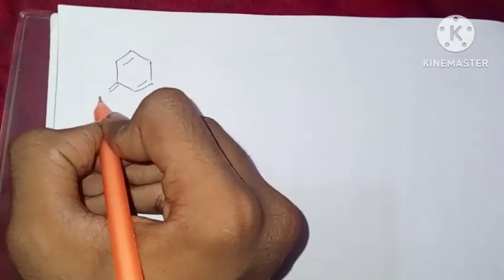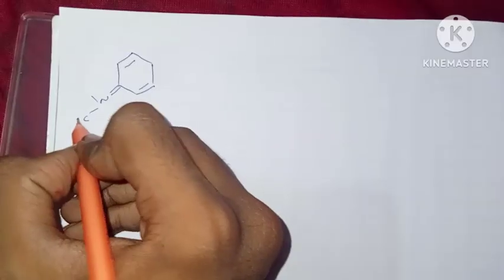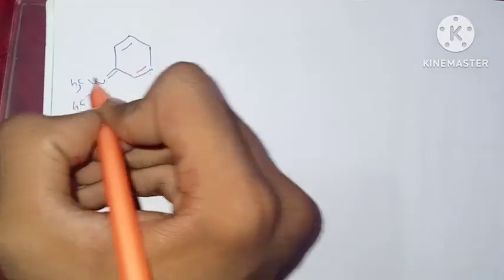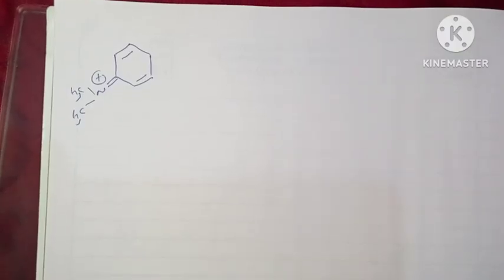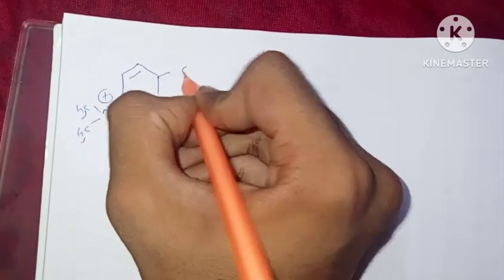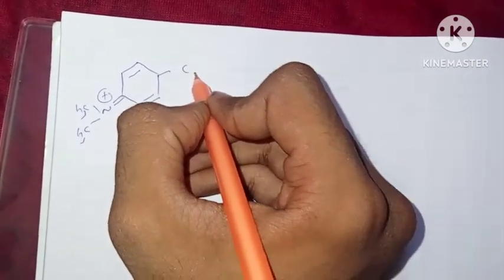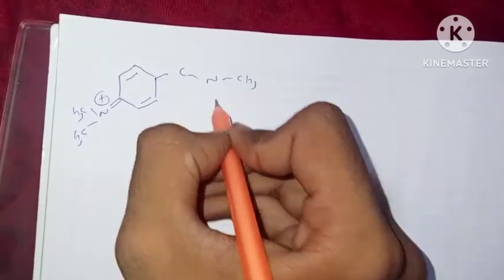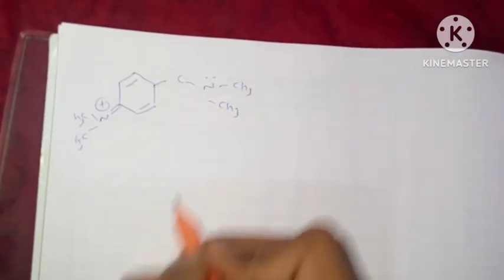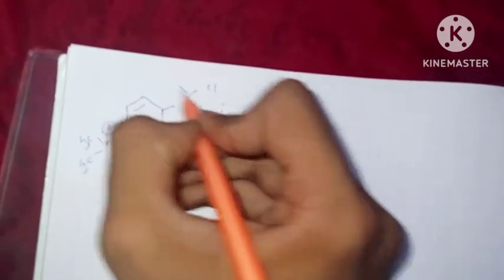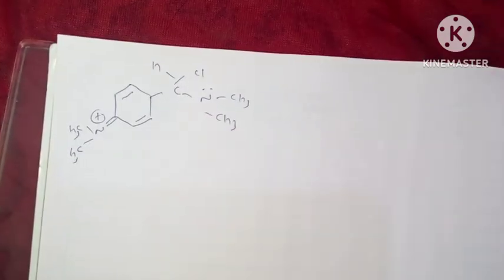Nitrogen donates its lone pair, so there is a double bond, 2 methyl groups, and now nitrogen carries a positive charge, there is carbon attached to the methyl group, nitrogen regains its lone pair, and there is chlorine and hydrogen.